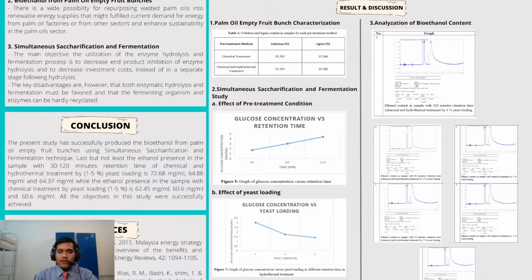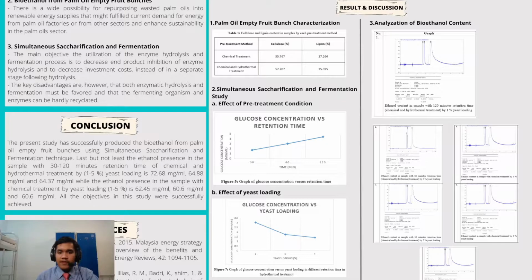Raw palm oil empty fruit bunch has 41.3 to 45% cellulose, 25.3 to 33.8% hemicellulose, and 27.6 to 32.7% lignin.